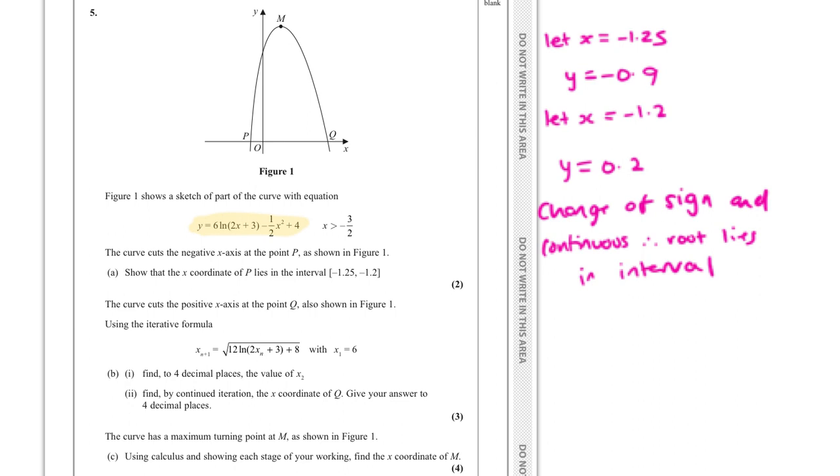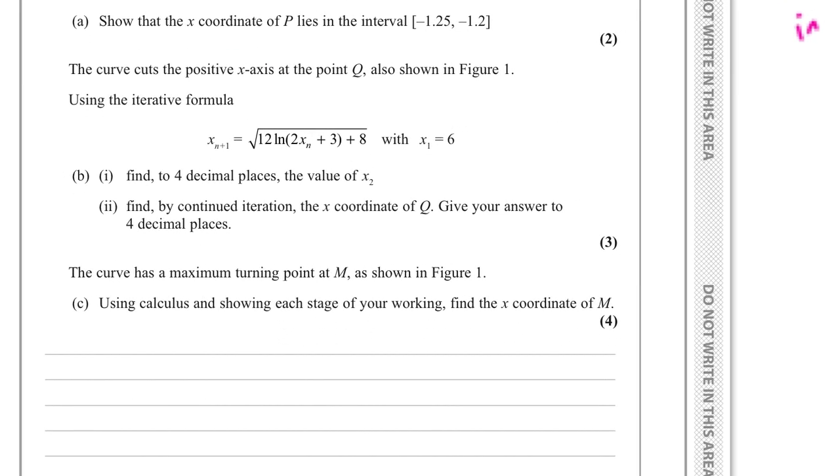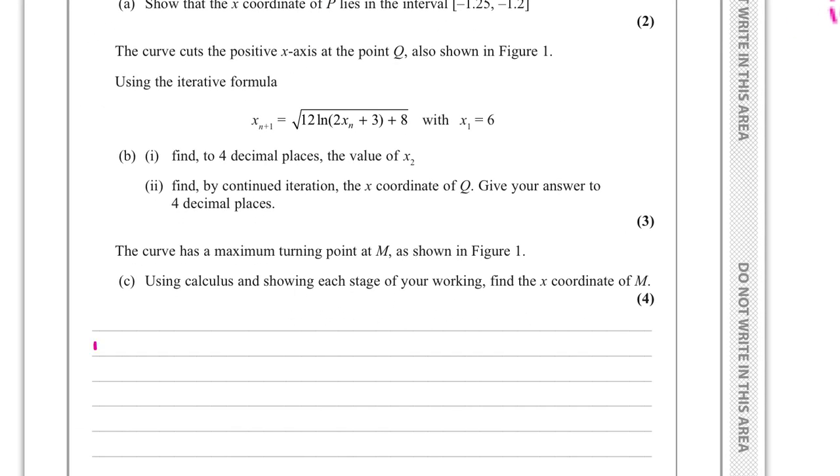Then it says the curve cuts the positive x-axis at the point Q, also shown in figure 1. Use the iterative formula with x1 equals 6 to find the value of x2, and by continued iteration. So this is really lovely. What I like to do for B is put x1 equals 6 into my calculator to have something that says answer.